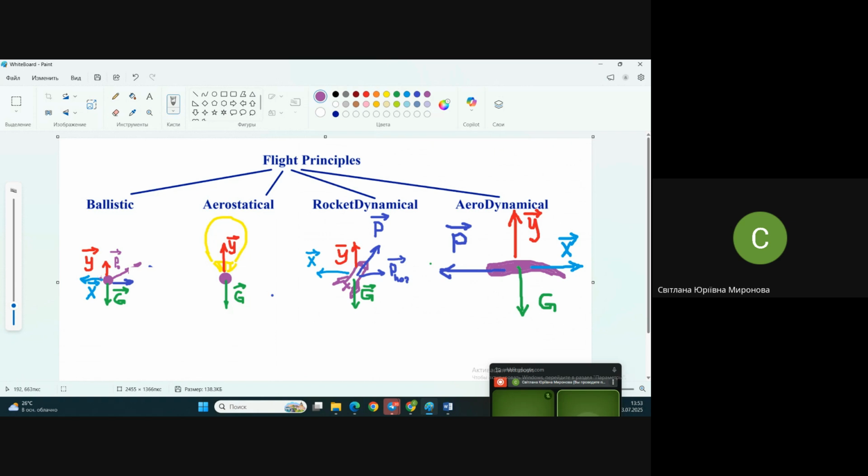So ballistic flight is when you throw something, shoot something, whatsoever.